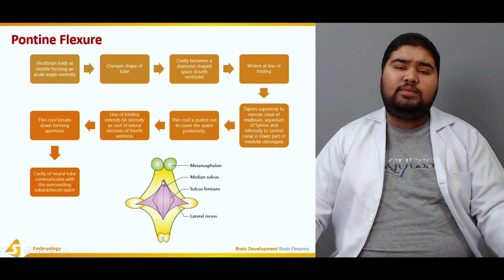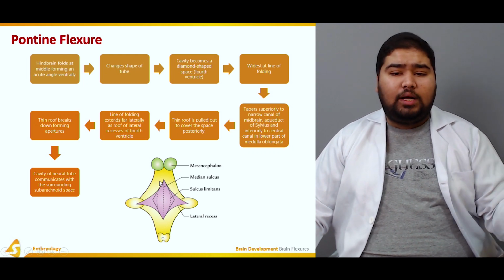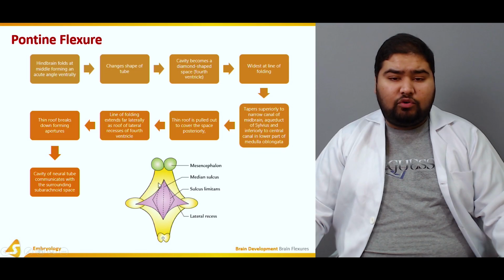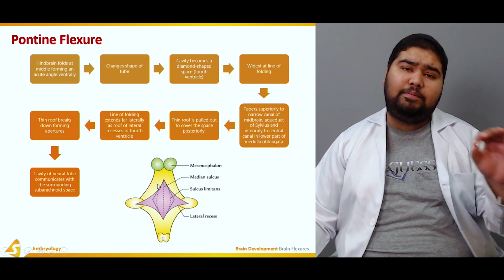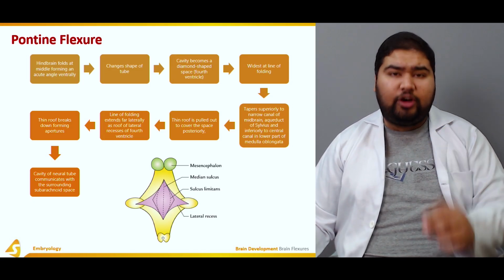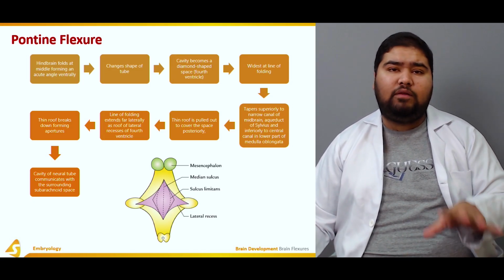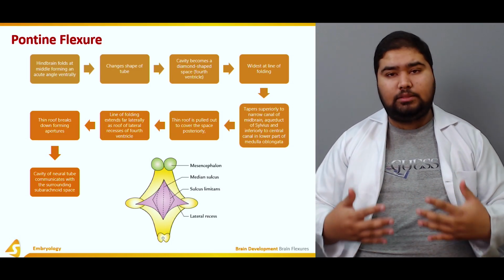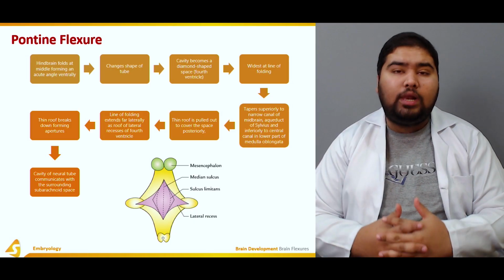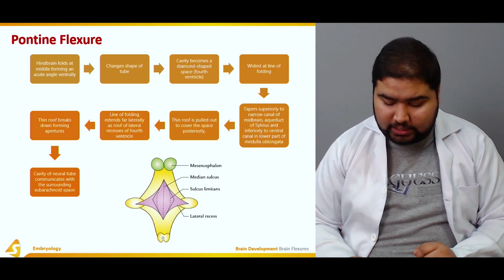The roof forms the lateral wall of the lateral recesses of the fourth ventricle. The central part forms the fourth ventricle. The roof is then perforated to form foramina through which cerebrospinal fluid communicates with the surrounding subarachnoid space. So this is all about the Pontine flexure.